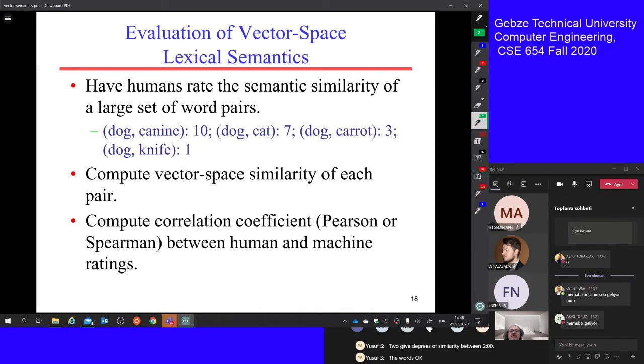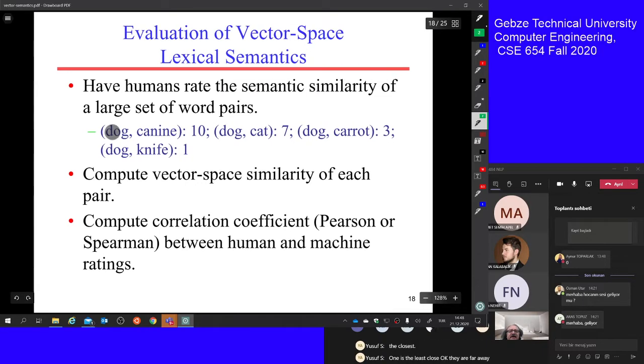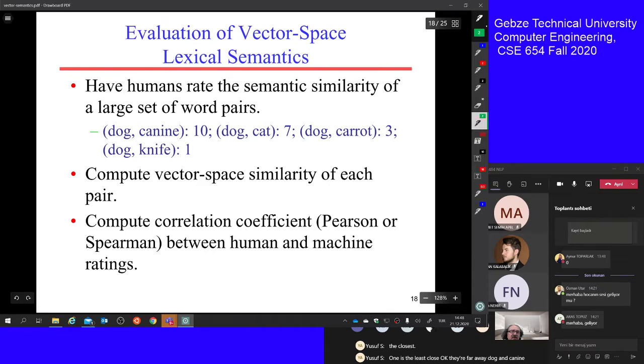I am going to ask 3 people: tell me how close these two words are between 1 and 10. 10 is the closest, 1 is the least close. They are far away. Dog and canine, they are similar. Dog and cat, somewhat similar. Dog and carrot, kind of, but they are both living things. Dog and knife, no, they are not similar.